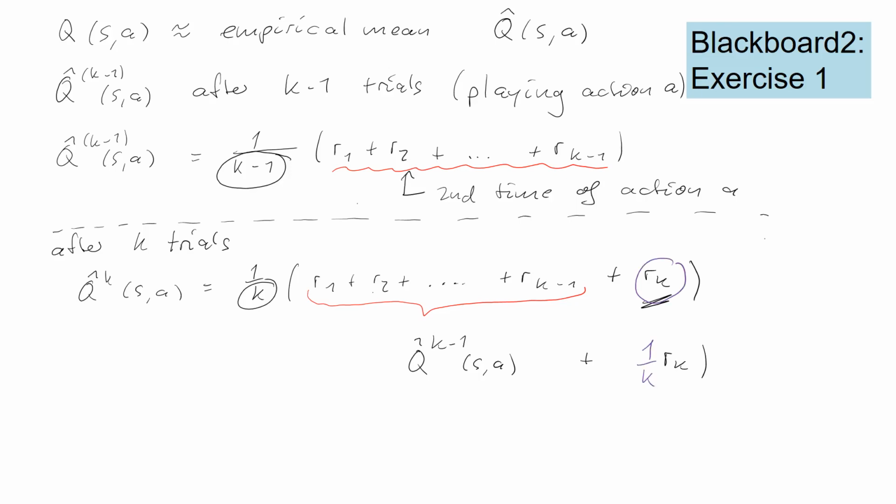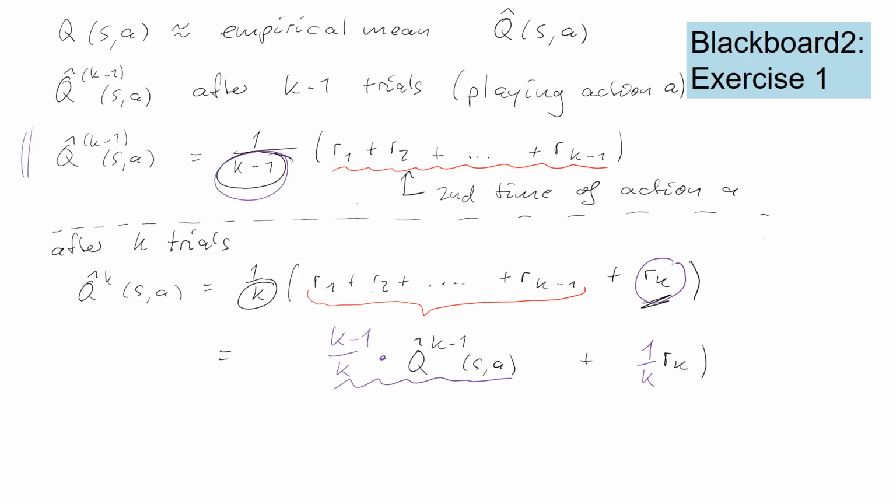Now, this term also comes with a 1 over K, but it includes a 1 over K minus 1. So I write it like this. And if I plug in the Q hat from the first line here, then I get exactly back the things I had. Okay, so that's my intermediate result.